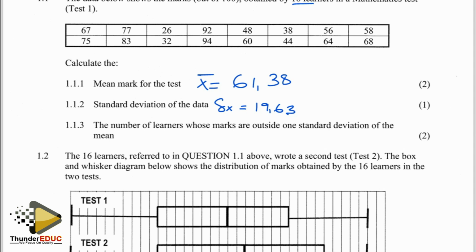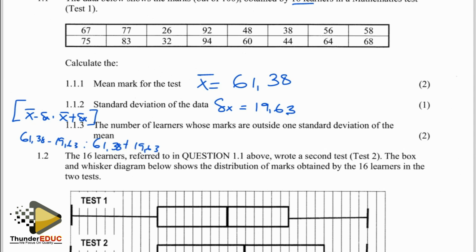So what this means is that we need to determine the interval for within and outside, which can be obtained by getting the mean. We subtract the standard deviation, that will be the lower limit, and then the mean plus the standard deviation, that is going to be the upper limit. So if I get my 61.38, I subtract the 19.63, and then 61.38 plus the 19.63.